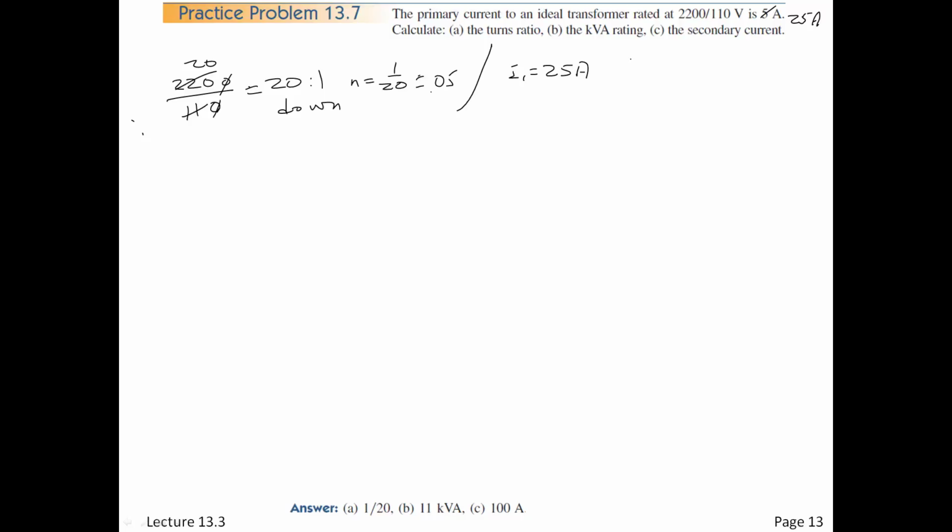And I2 over I1 is what? 1 over N is equal to 20. Okay, so 20 I1 is equal to I2. Cross this out. Okay, so that means we had a step down. So now we have I2 is equal to 20 times this, or a whopping 500 amps.